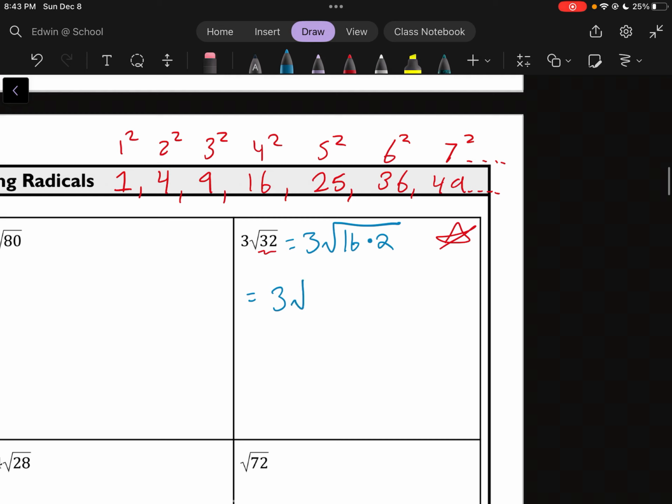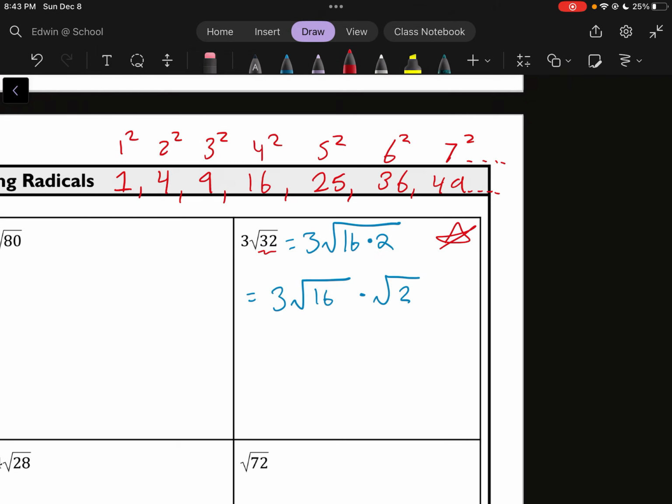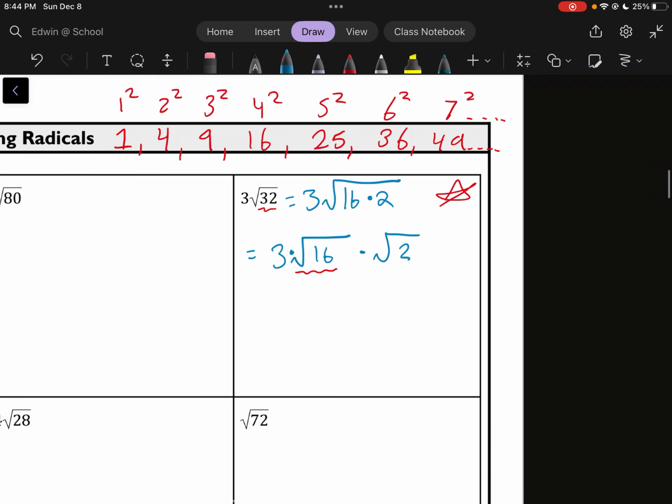So I got that. And we're just going to recall our product rules. That means we could separate it like this. And now, this is just 3 times the square root of 16 times 2. Let me do a little multiplication symbol there. But we know what the square root of 16 is.